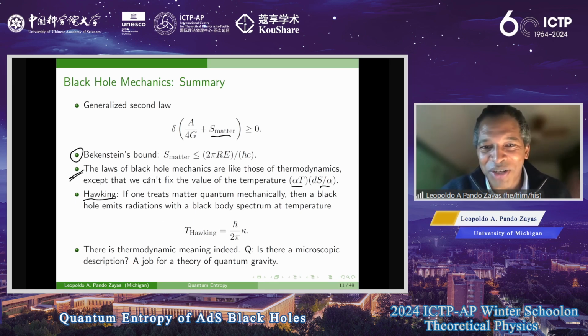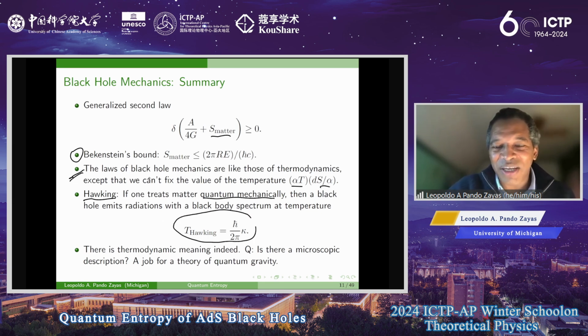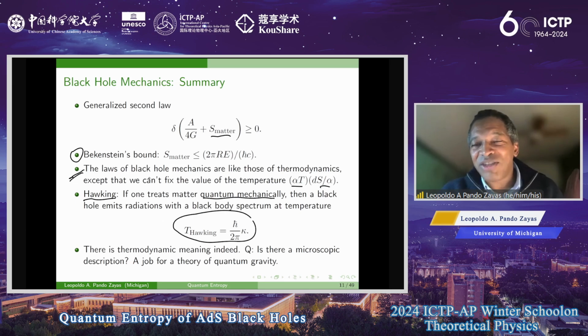If you consider matter quantum mechanically, but you still keep the black hole background as classical, you realize that there's emission, and that emission happens precisely at this temperature. So that fixes the entropy to be area divided by 4 times Newton's constant.